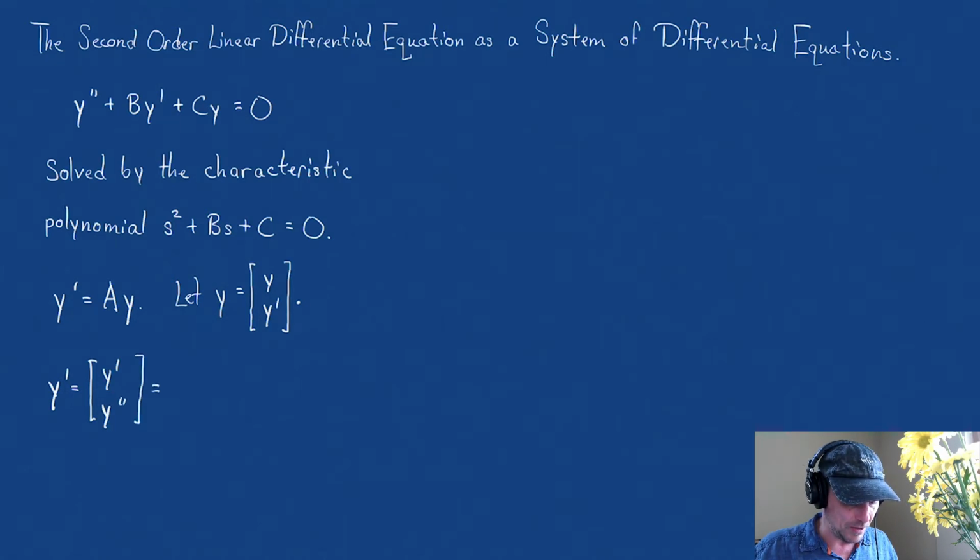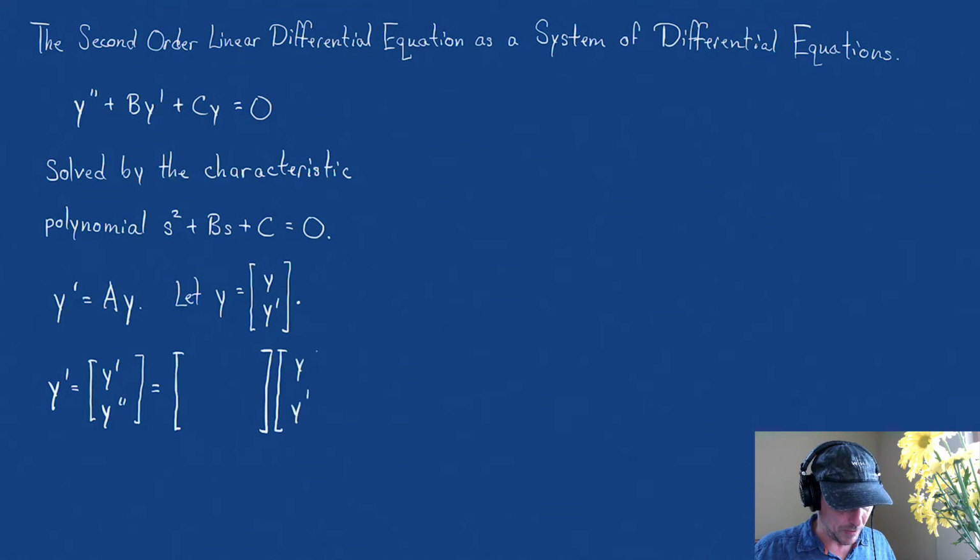Well, what do I know? I know that this has to give me some matrix times the vector y. So we're going to have some matrix here times the vector y. So that's y prime. Well, how we get this is a little bit creative. Notice the second row, I think, is where it becomes most apparent.